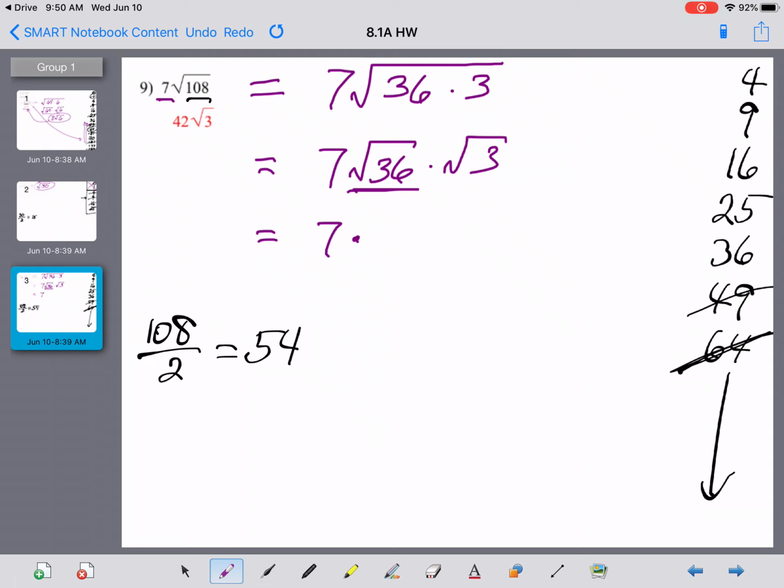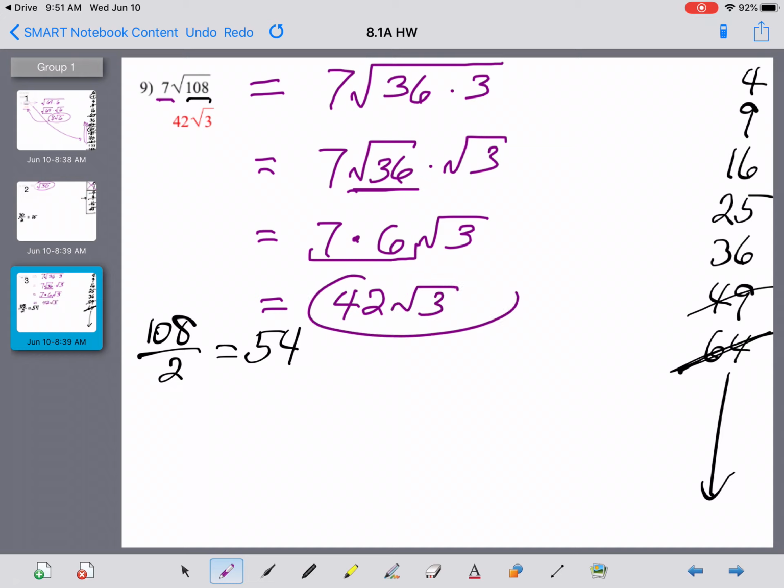It gets multiplied by the square root of 36, which is 6, and you can't do anything with the square root of 3. Now, the one thing we have to do here that we didn't do before, the 7 times 6 out in front of all that can be simplified. 7 times 6 is 42, and the root 3 just tags along for the ride. So 42 root 3 is how you express 7 times the square root of 108 in simplest radical form.